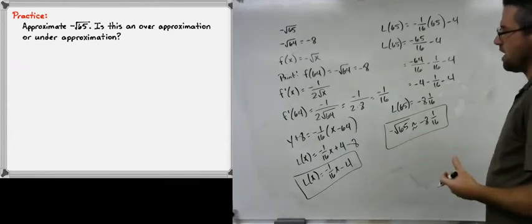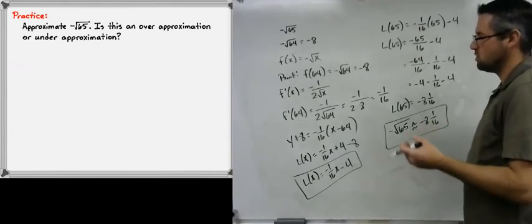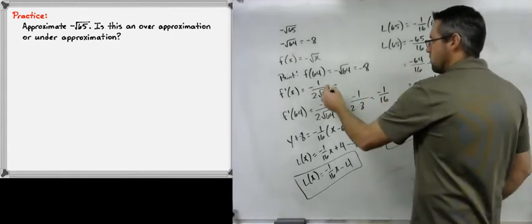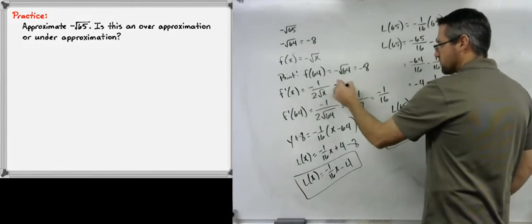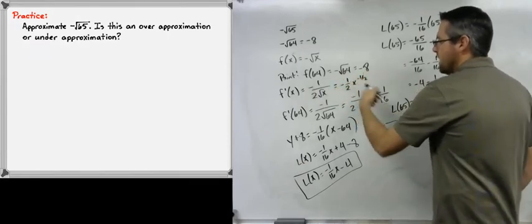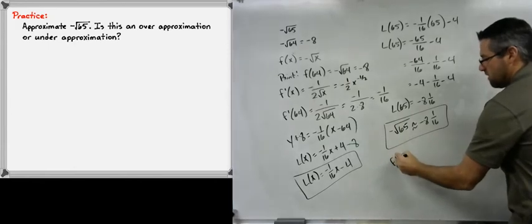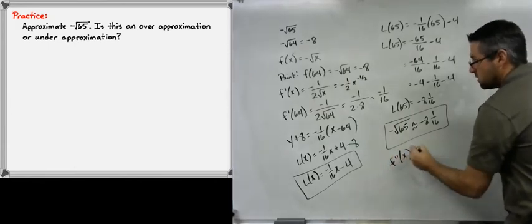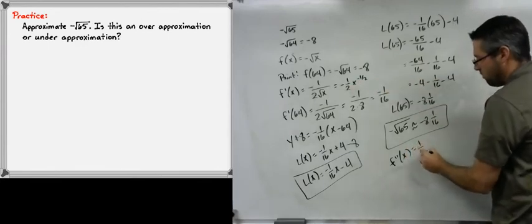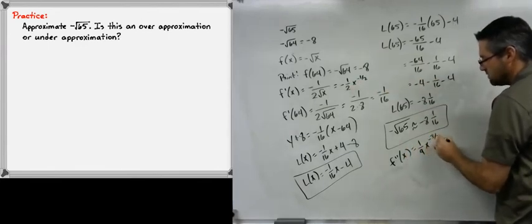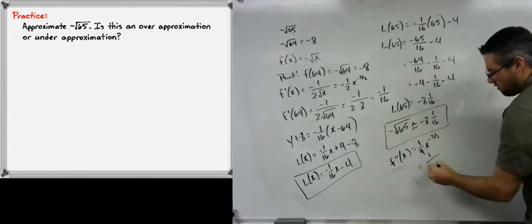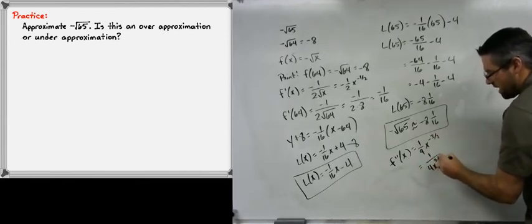Now I want to figure out whether it's an over approximation or an under approximation, and that's based on concavity. So let me rewrite f prime here to be negative 1/2 x to the negative 1/2, and then we'll find our second derivative, f double prime of x. From there, negative 1/2 times negative 1/2 is 1/4 x to the negative 3/2. And then we would end up with 1 over 4 x to the 3/2.